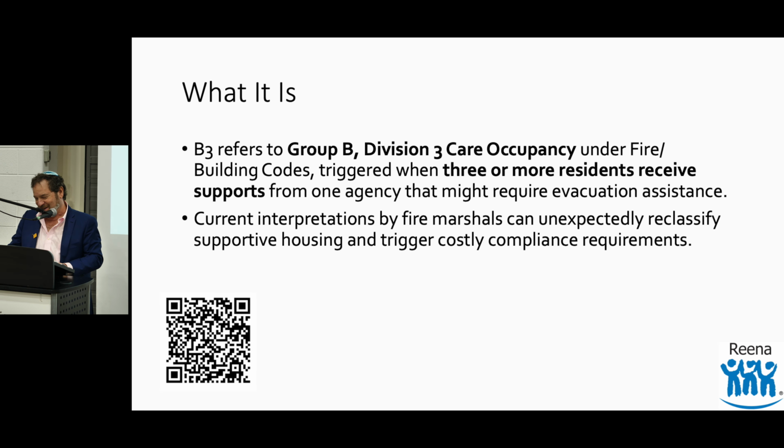There's federal, provincial, municipal, and local. When we say B3, it means different things to each of those entities, with different expectations, and the implementation may be very different. That's why it's very confusing, and there's no one solution, but in simple terms, it's a code definition that is related to care occupancy.